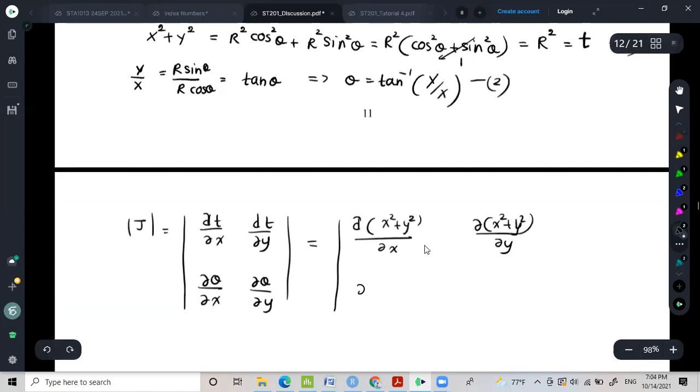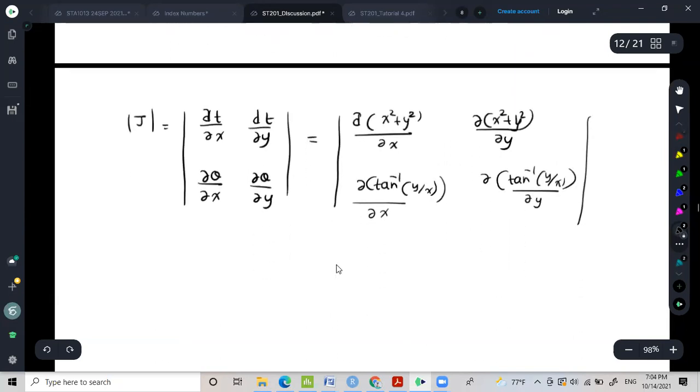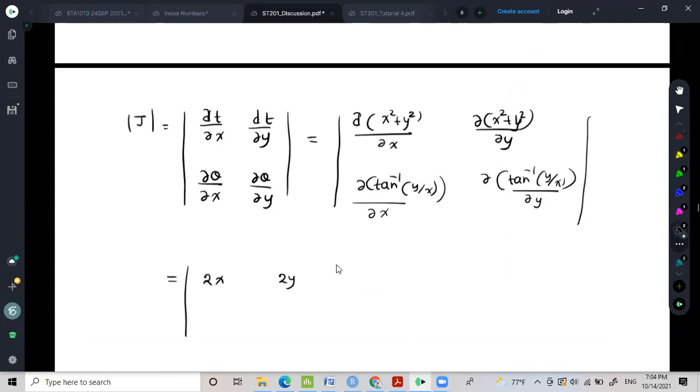Theta is tan inverse y over x, so partial x of tan inverse y over x, and partial y of tan inverse y over x. Again you will need a little bit of trig knowledge here. Y is like a constant when you take the partial derivative with respect to x. So you'll get 2x from the first one, 2y from the next one. So these two are the partial derivatives.